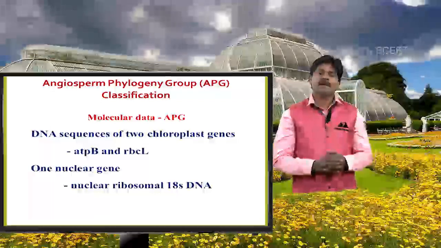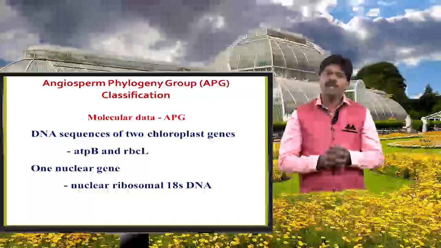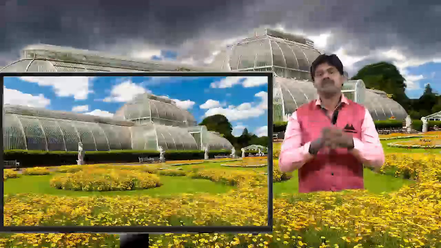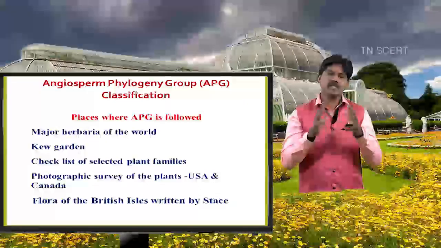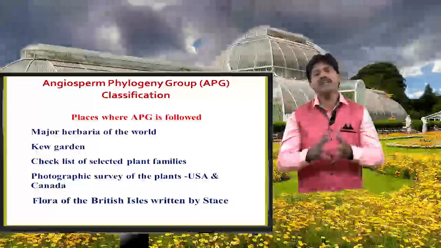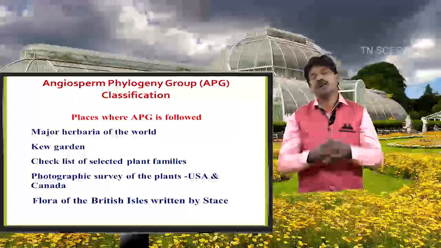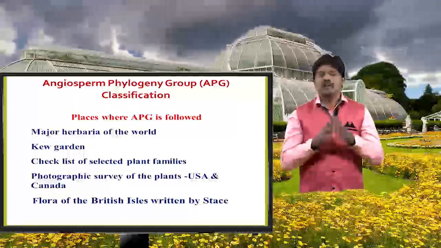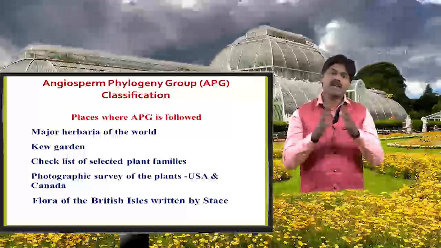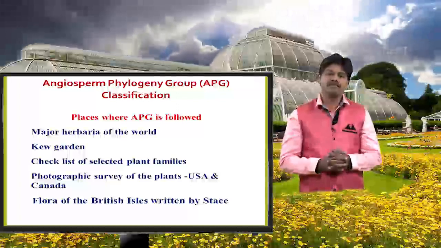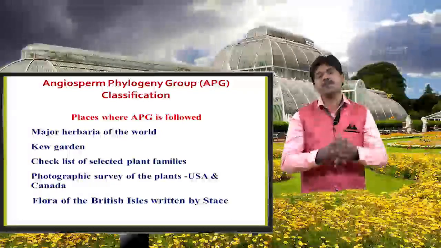Okay. Next, the places where the APG is used. APG is used in most of the herbaria of the world, including London Kew Garden. The floristic survey of the plants of USA and Canada is updated to the APG.